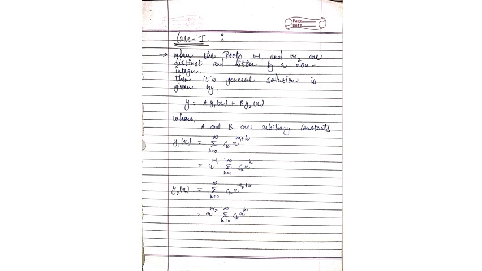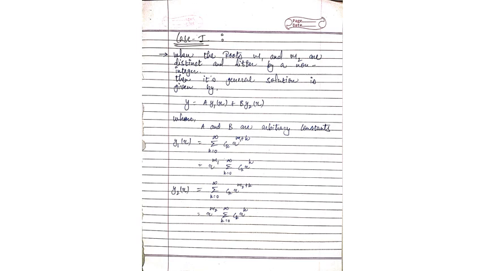Here y1 of x equals summation k equals 0 to infinity c_k x to the power m1 plus k, in which m1 is constant. So keeping aside x to the power m1, summation k equals 0 to infinity c_k x to the power k, and now again do the expansion of this series, which you know very well now.